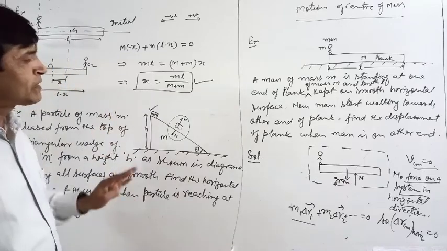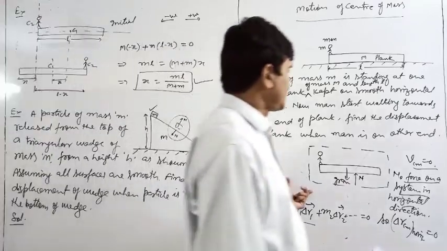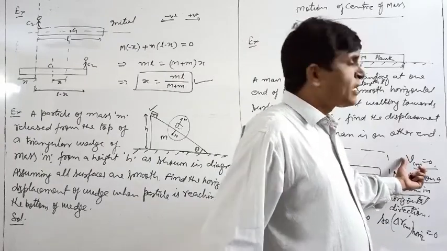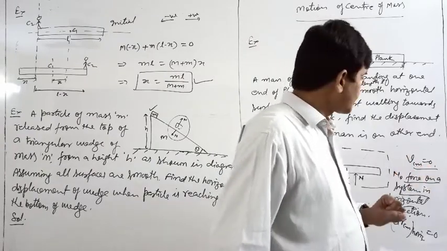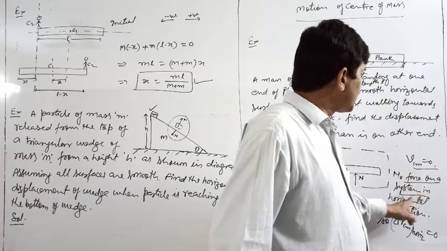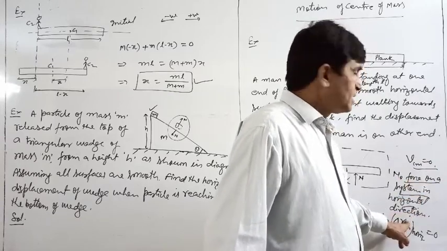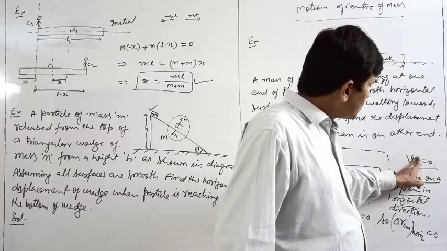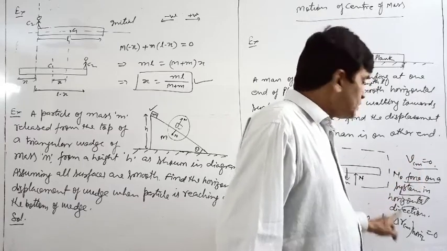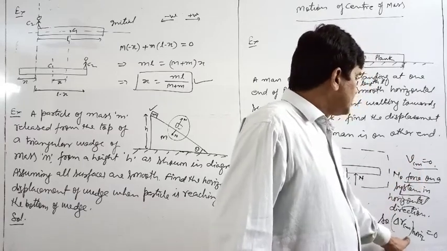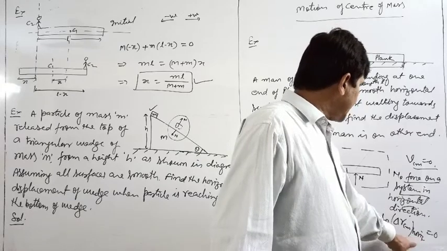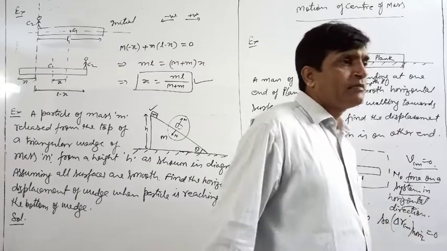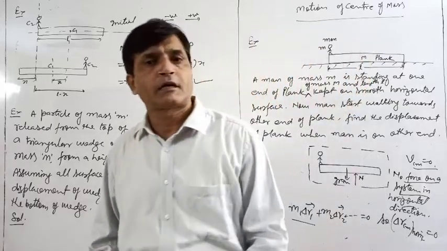Initially the system was at rest, so the initial horizontal velocity of the system was 0. No force on the system in the horizontal direction, so if the initial velocity is 0 and forces are 0, delta RCM in the horizontal direction will be 0, because horizontal forces are not there.